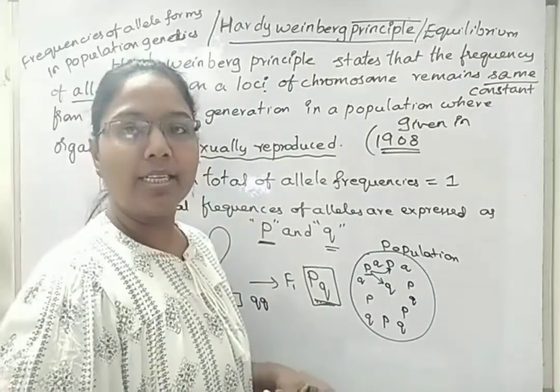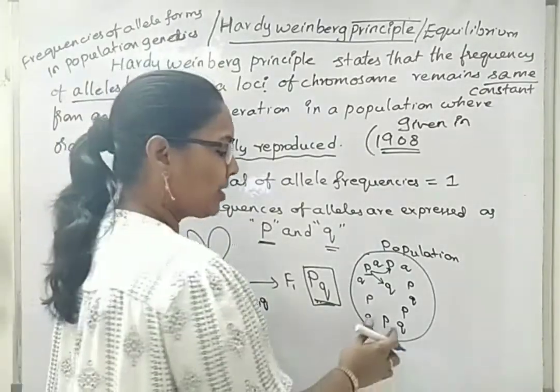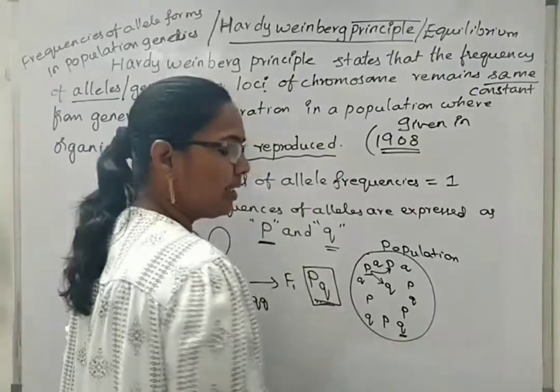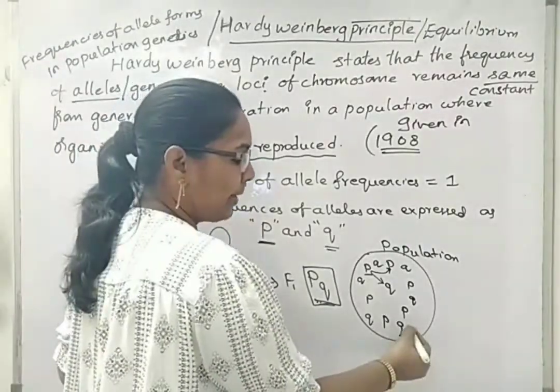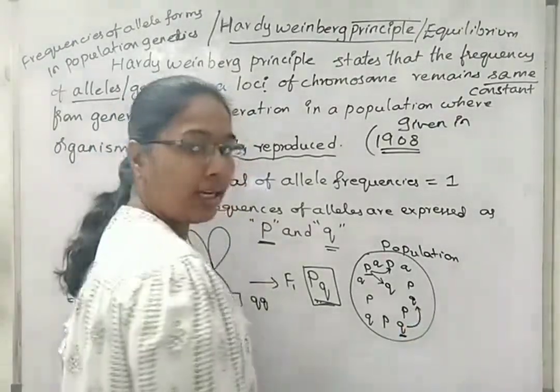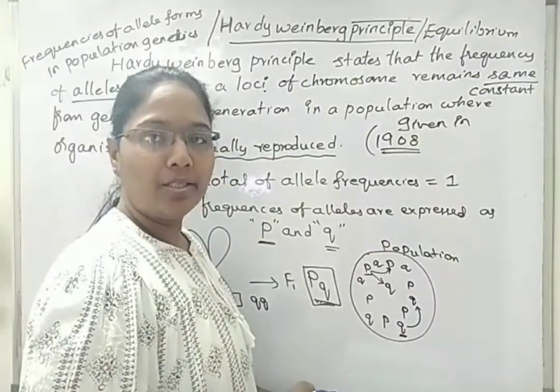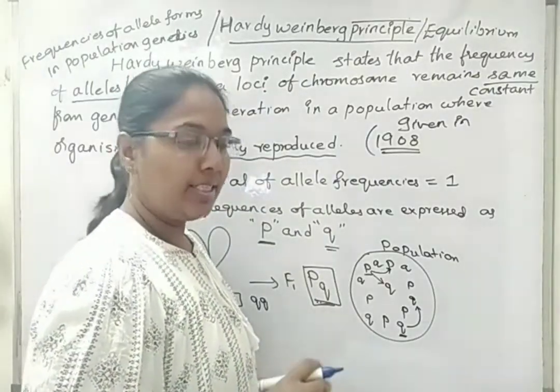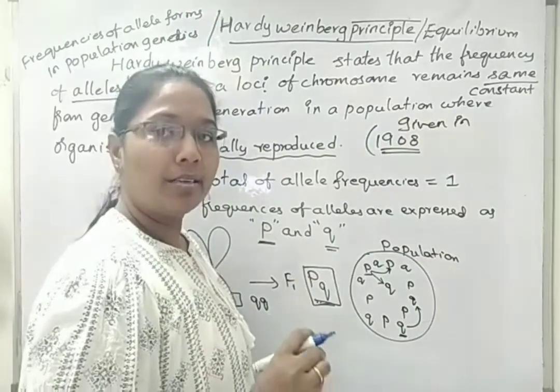There is another term, that is non-random mating. Suppose a recessive allele containing organism pairs only with a recessive containing organism. Such mating is not called random mating. It is called non-random mating.